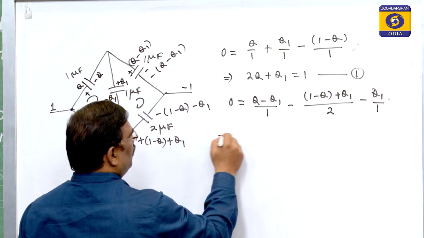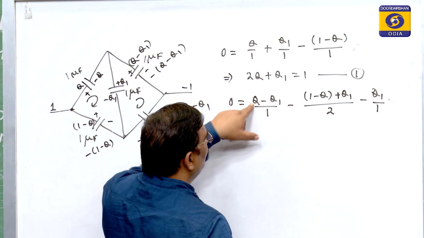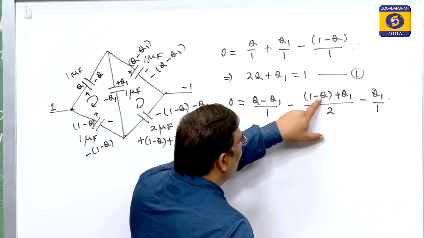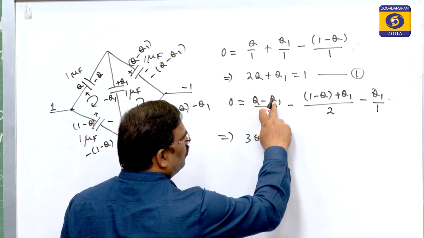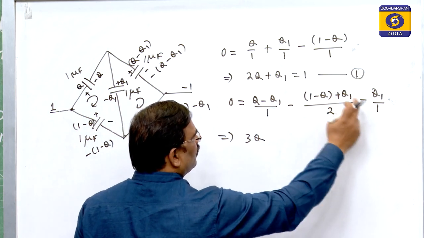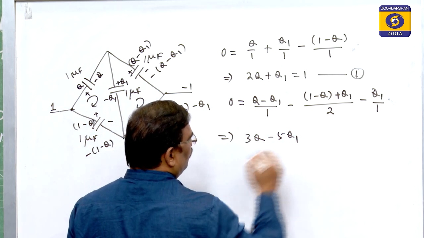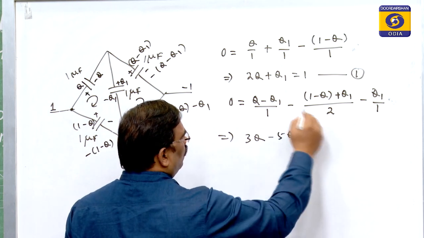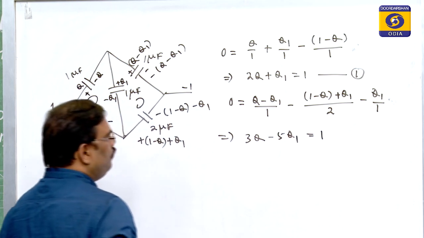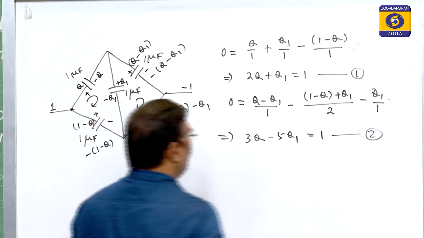So, from this we will get 2Q plus Q, 3Q, minus 2Q1 minus Q1 minus 2Q1. So, minus 5Q1 equal to 1. This is my equation number 2.